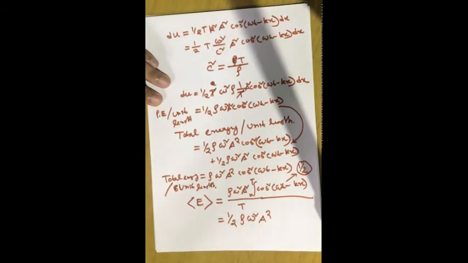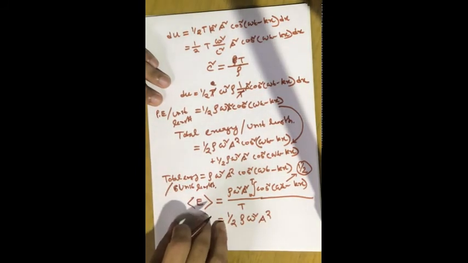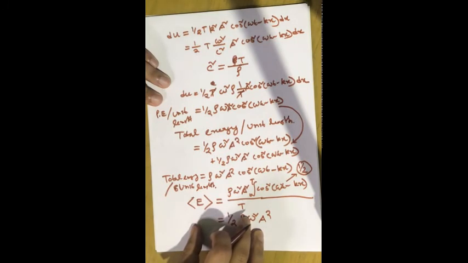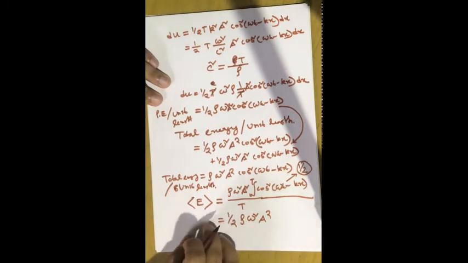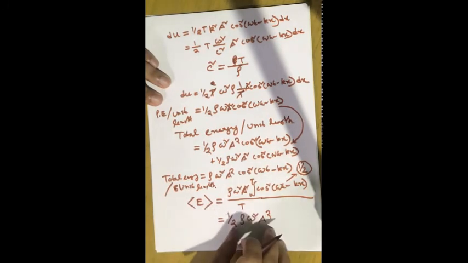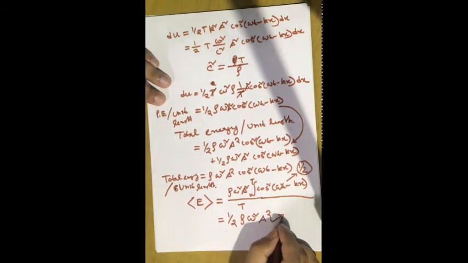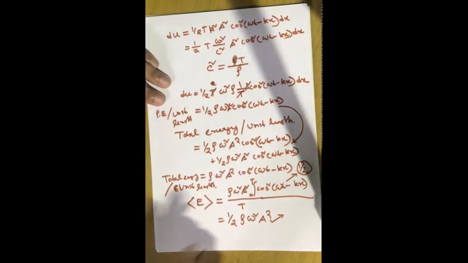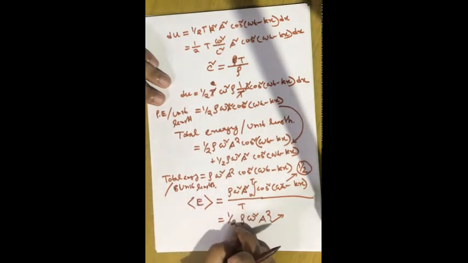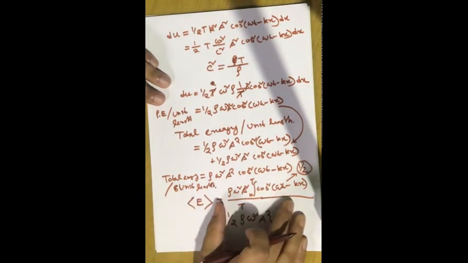Okay, so this is the total average energy per unit length of the string. It basically depends upon the amplitude, because A is nothing but the amplitude of the transverse vibration in the string, and omega is the frequency of vibration, and rho is the mass per unit length of the string.